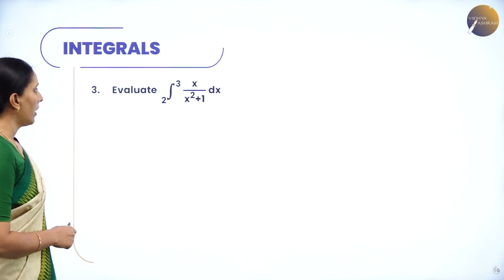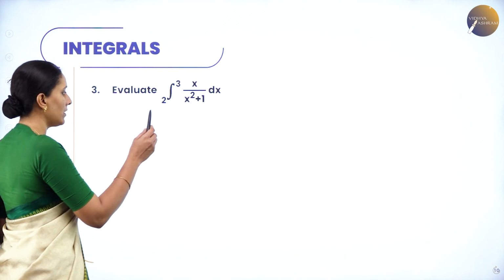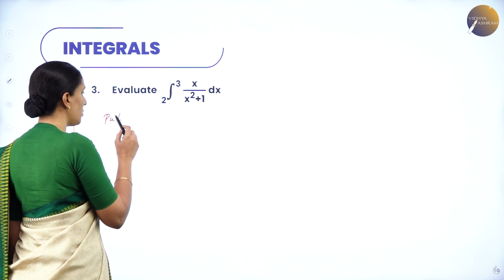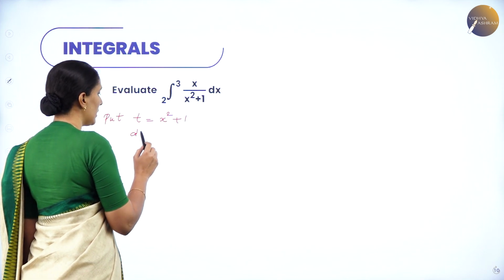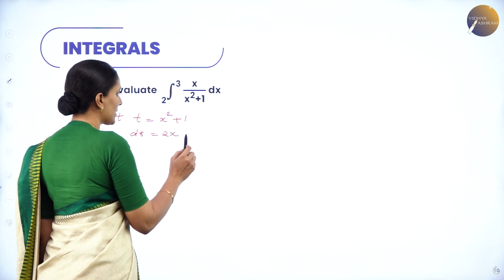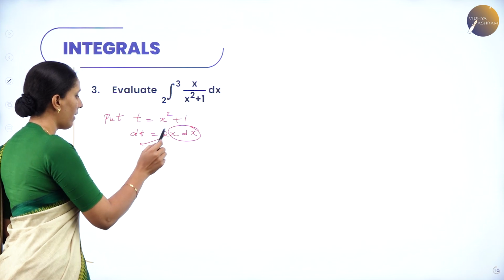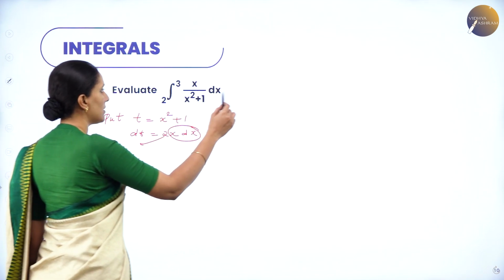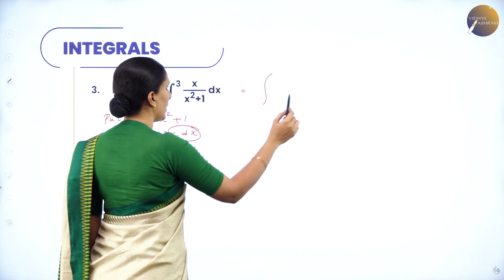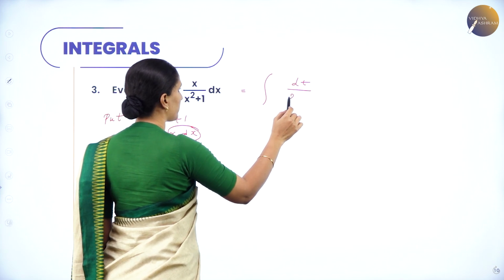Next, integration from 2 to 3 of x divided by x square plus 1. So here also let us take the substitution method. Put t is equal to x square plus 1. Then dt is equal to 2x dx. So instead of x dx, I can write this as dt by 2 and t as x square plus 1. So this will become integration dt by 2t.